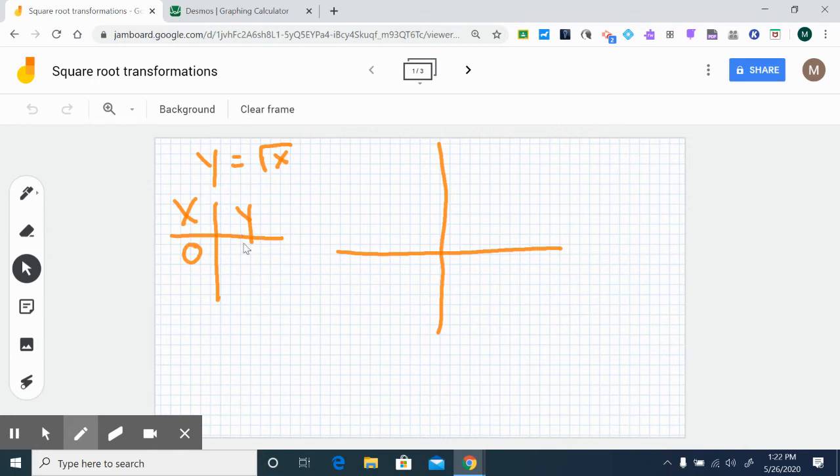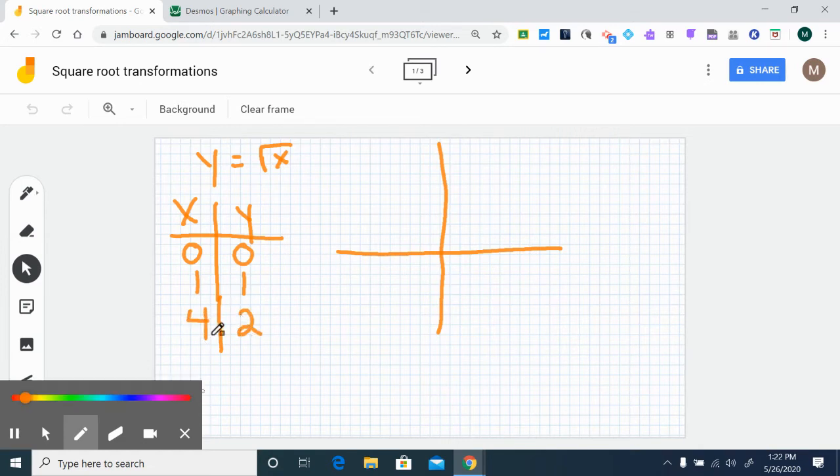So I'm going to start with 0, and the square root of 0 is 0. The square root of 1 is 1. Now I'm going to skip a few numbers and look at just perfect squares. My next perfect square is 4, and that's going to be 2. And then the next perfect square is 9, and the square root of 9 is 3.